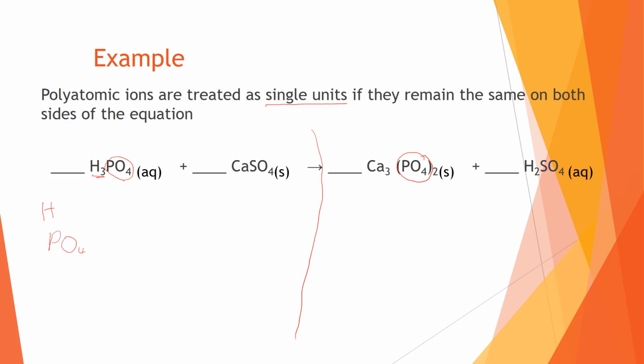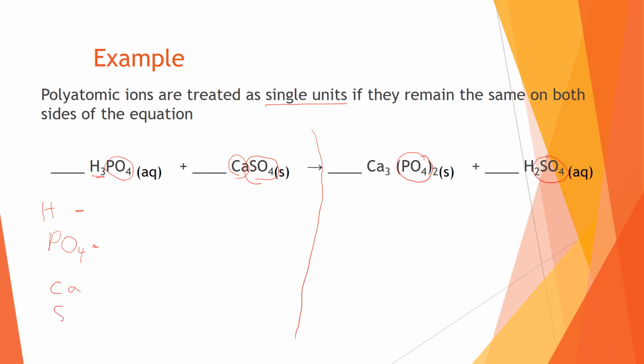PO4. Now, if I didn't have them on both sides, then I'd have to split them up, but I do. Calcium, and again, SO4. Don't split it up if you don't have to. So do I have an SO4 over here? Yes. So keep it the same.